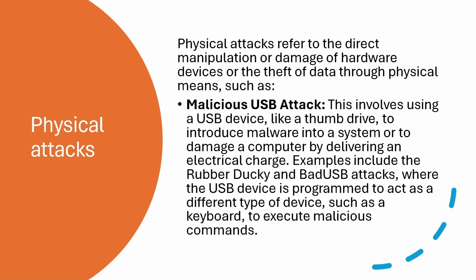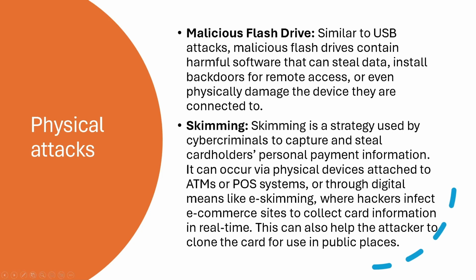Examples include the Rubber Ducky and BadUSB attacks, where the USB device is programmed to act as a different type of device, such as a keyboard, to execute malicious commands. Malicious flash drive. Similar to USB attacks, malicious flash drives contain harmful software that can steal data, install backdoors for remote access, or even physically damage the device they are connected to.